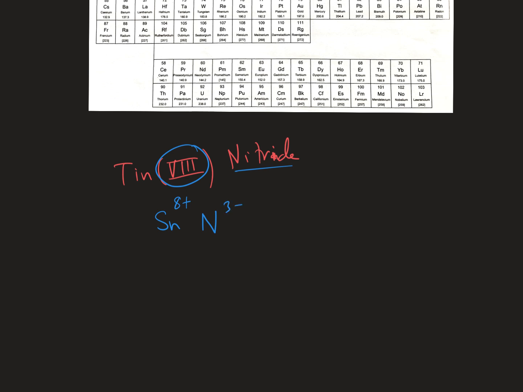Do we get that? Now what do we do? Cross these numbers down. And we get Sn3N8. It's a ratio of 3 to 8. Can we simplify that? Nope, that's good. Not too bad, right? Okay.